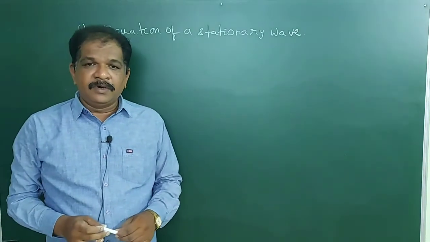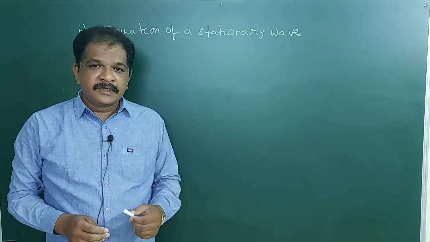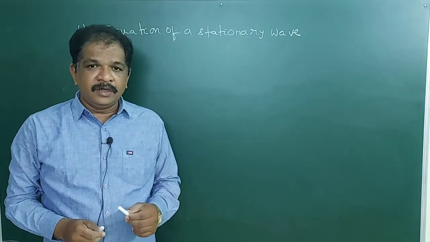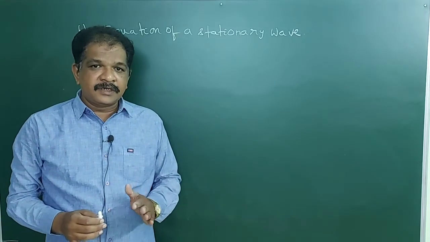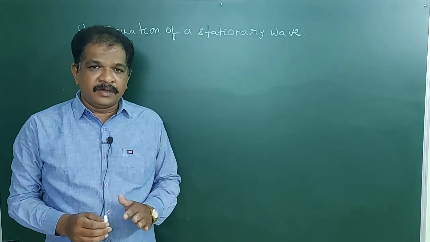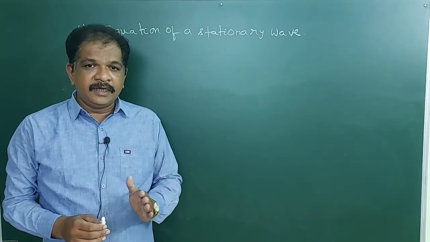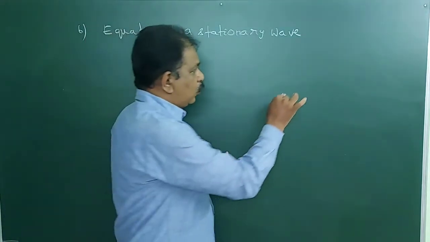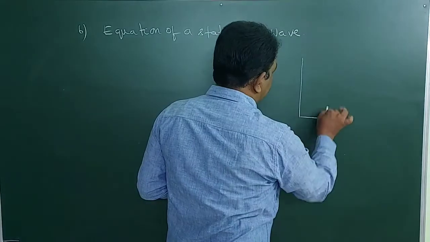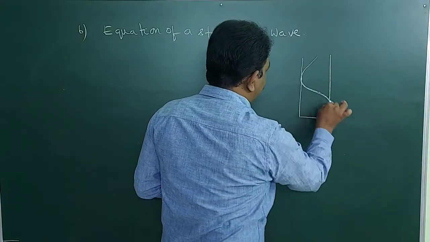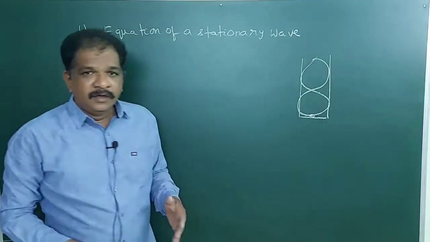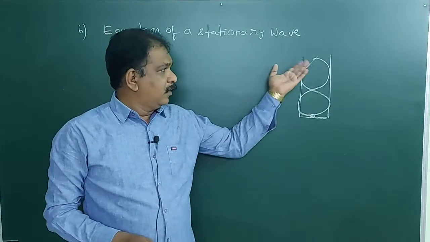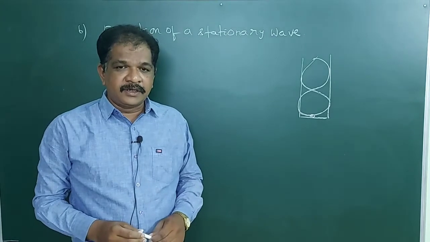Stationary waves formed in a stretched string, stationary waves formed in a closed pipe are the examples of stationary waves formed by reflection at a rigid end. A closed pipe if you take, if you send one wave here at the rigid surface, it will reflect and form the stationary wave.